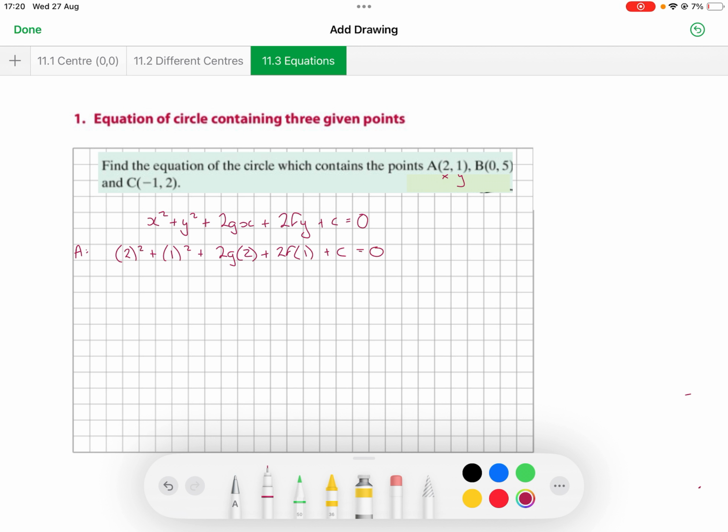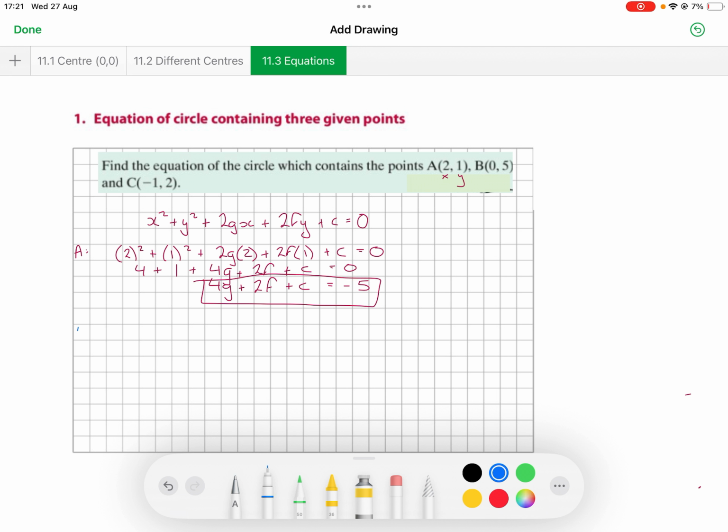That gives me 4 plus 1 plus 4g plus 2f plus c equals 0. So 4g plus 2f plus c equals, if I bring the 4 plus 1, which is 5, across to the other side, minus 5. So there's my first equation.